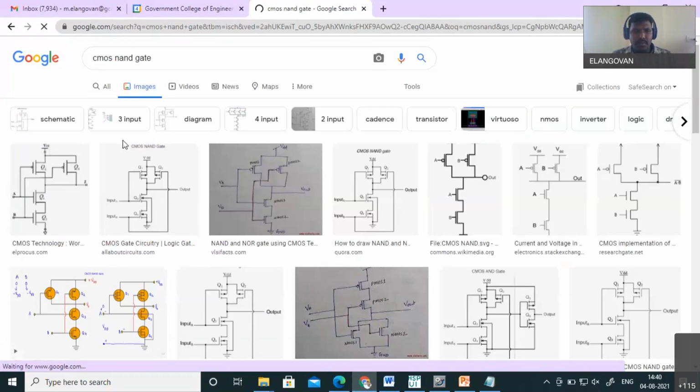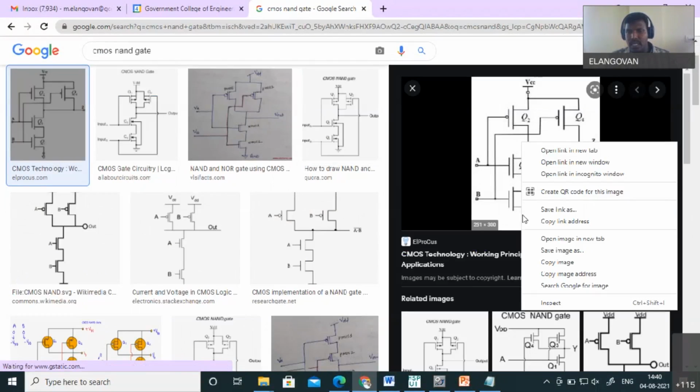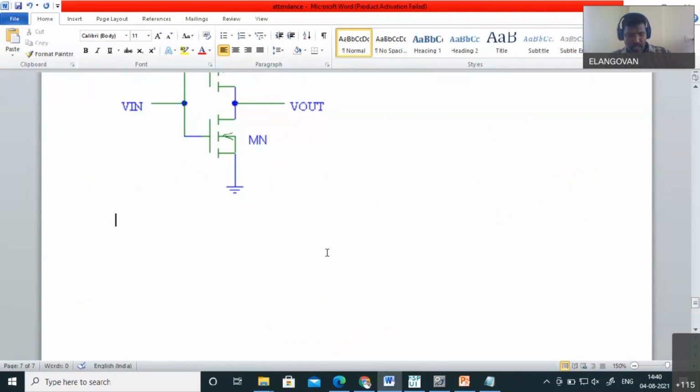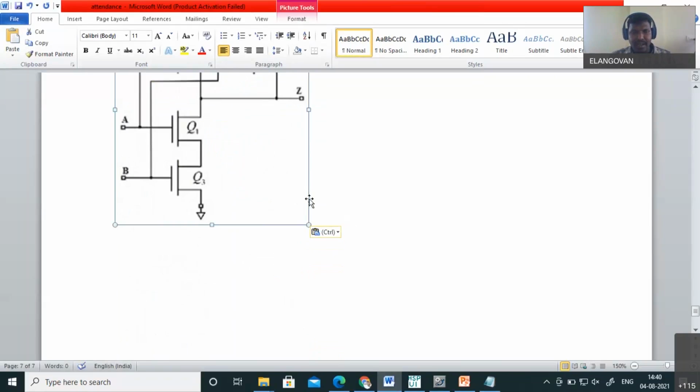Any of you who have installed HSPICE can meanwhile do this operation. If you are finding any error or any question, you can ask.